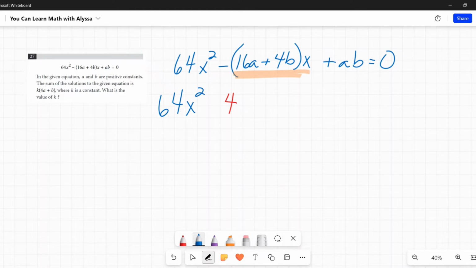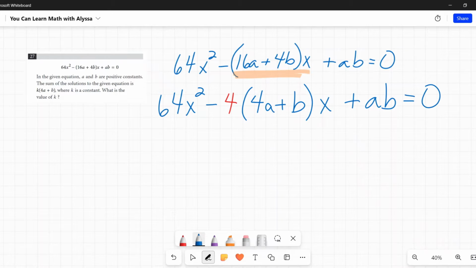So the 64x squared stays the same, but I'm pulling out a 4, which leaves behind 4a plus b, because 4 times 4a is 16a, and 4 times b is 4b. That x stays out there. Then we have plus ab equals 0.